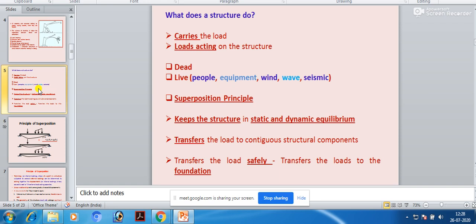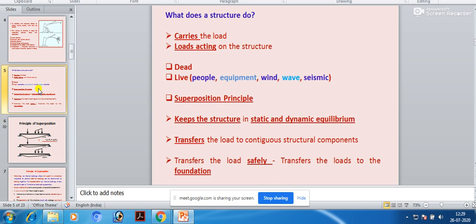If you design a structure without wind load consideration, without seismic load consideration, without considering the effect of sea waves, then there is a chance that if an earthquake comes, and your structure has not been analyzed and designed considering the seismic load, your structure will fail. So you understand this is a very, very important point.